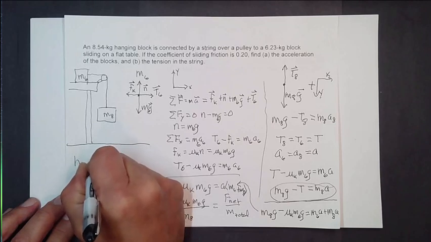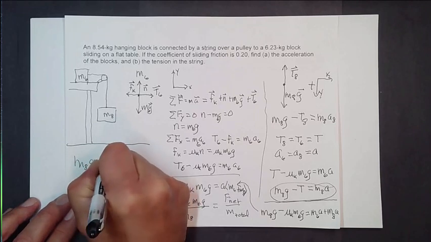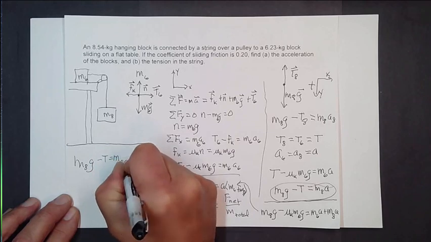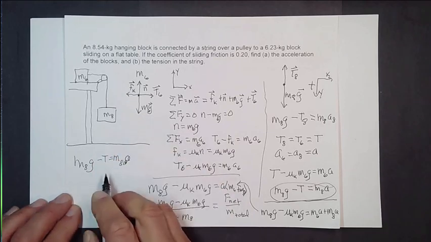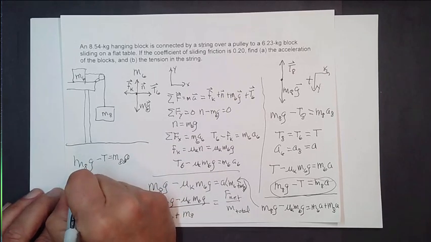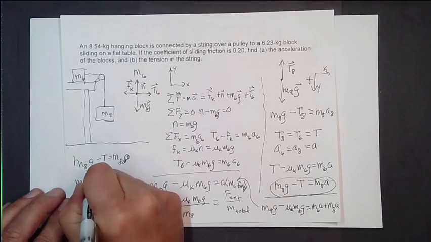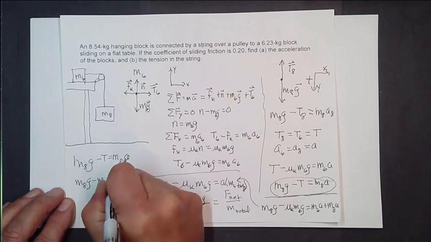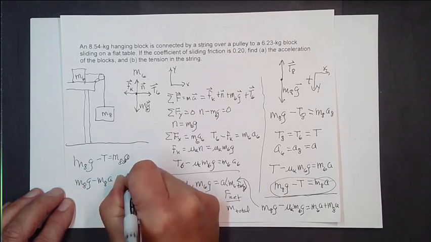I have m8g minus T equals m8a. And if I kick the T across and bring that thing back across, this will turn into m8g minus m8a is equal to the tension.